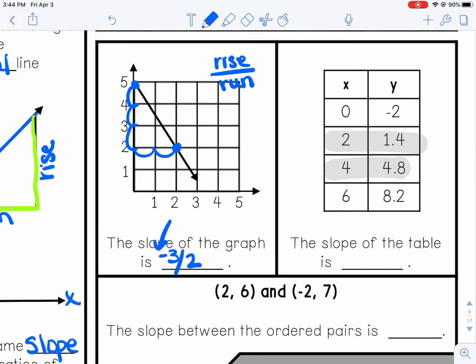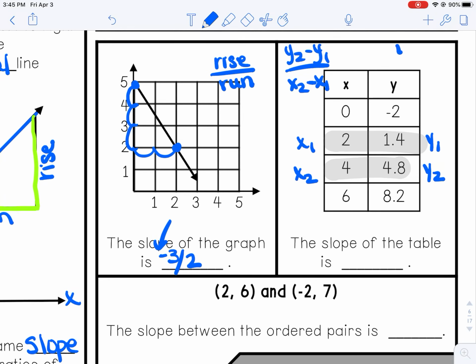Because I chose this one, 2, 1.4, first, I'm going to call that x1, y1. This is x2, y2. Always label them. That way, when you're plugging in the values of y2 minus y1 over x2 minus x1, all you're doing is plugging in the values and you're less likely to mess up.